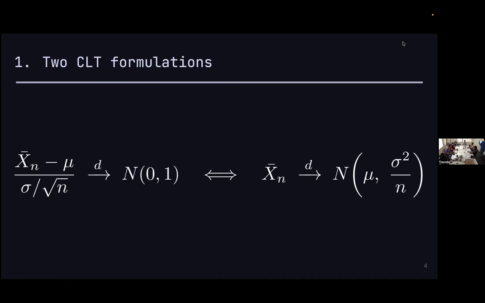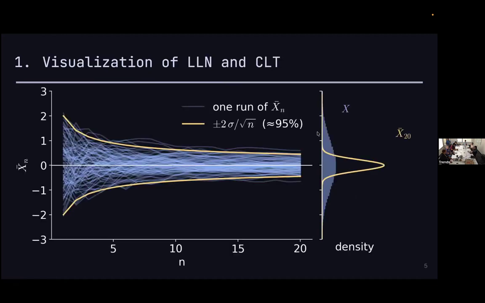Let's see some examples of how this works on different distributions. Imagine that we sample some data set X from this blue distribution here, and then we add the samples, and we see how the mean of this sum behaves.